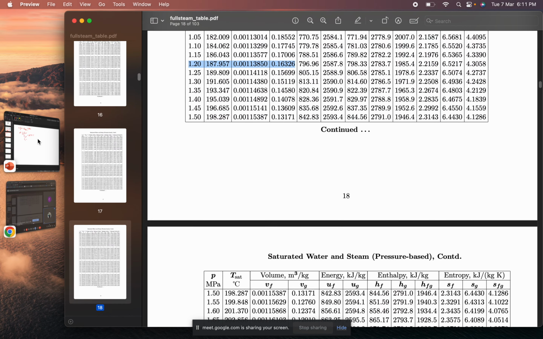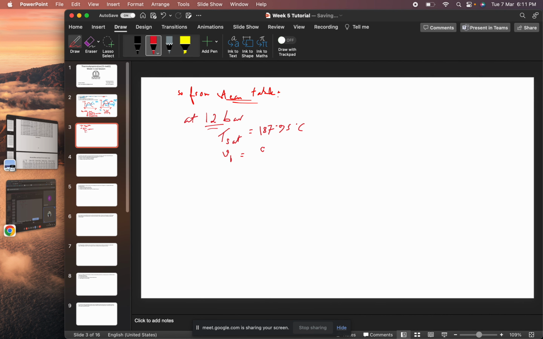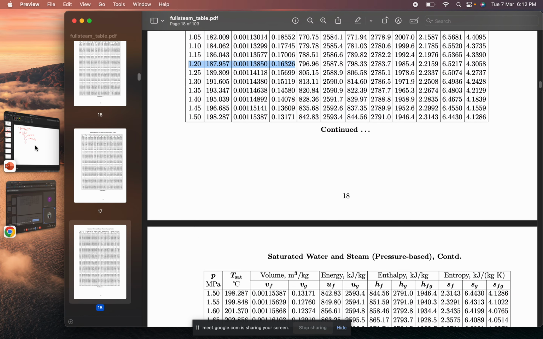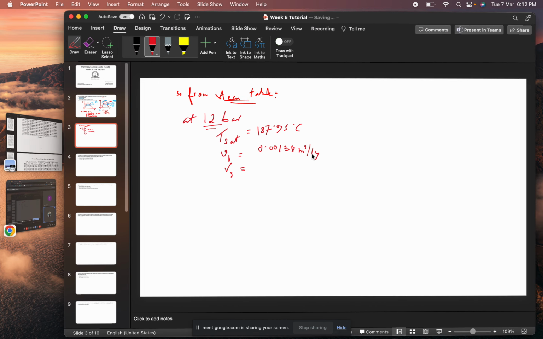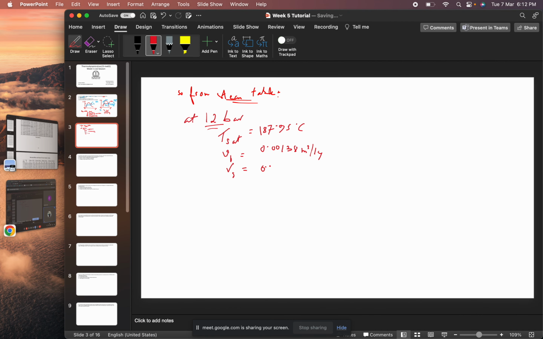Then your vf is 0.00138 meter cube per kg. Your vg is 0.16326 meter cube per kg.